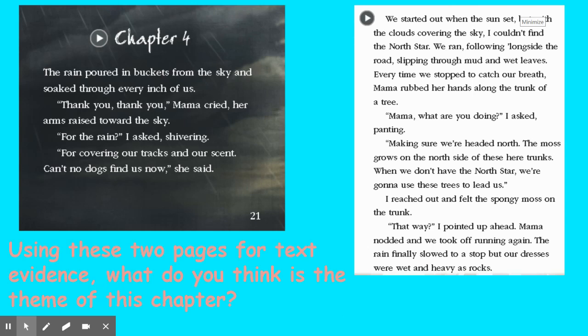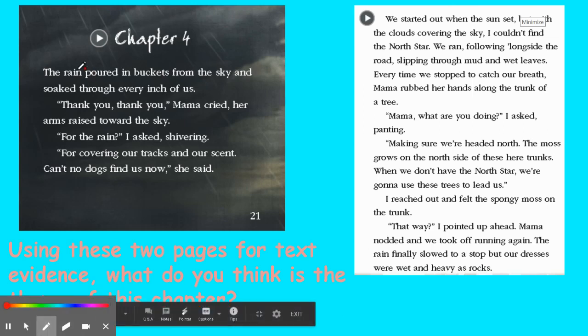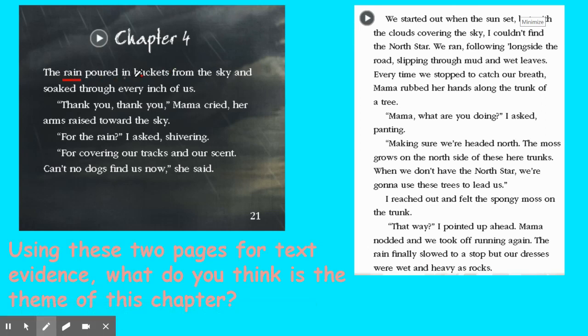It's not going to be easy. You're going to have to think about what's been going on in the story before, what's going on in the story now. But what I want you to focus on is the fact that it's raining, right? Rain poured in buckets. That's an exaggerated phrase. That's another figure of speech. So the author lets you know how badly it's raining. There's not literally buckets pouring from the sky.